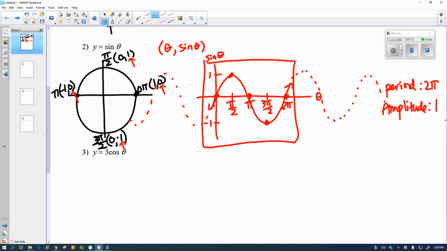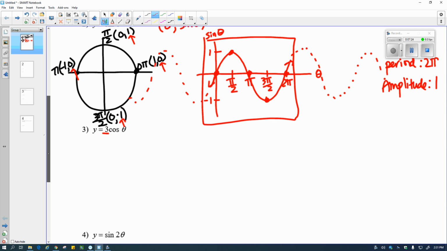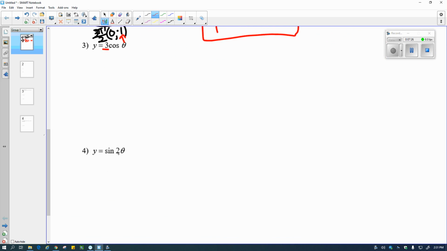Now the parent function doesn't change for these, just the period and the amplitude, by adding numbers to the front of the value, and as you move down a little bit, adding numbers to the front of the angle. So this number here is in the A position, and the absolute value of A is the amplitude.